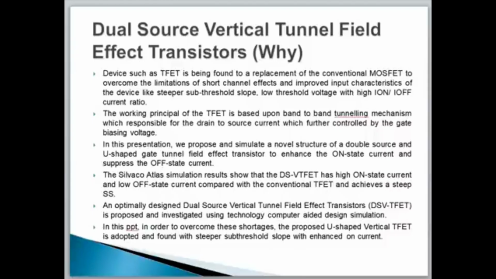The Silvaco Atlas simulation results show that the dual source vertical TFET has high on-state current and low off-state current compared with the conventional TFET and achieves a steep subthreshold slope. The advantage of using the dual source vertical TFET is that it has high on current as compared to conventional TFET, and it also achieves a low subthreshold slope as compared to conventional TFET.